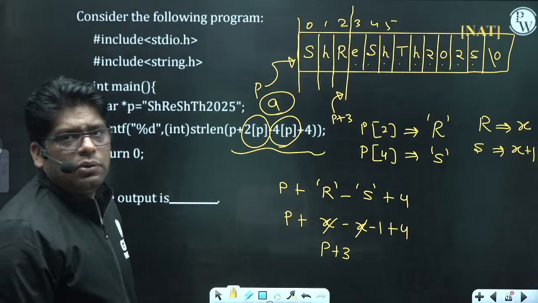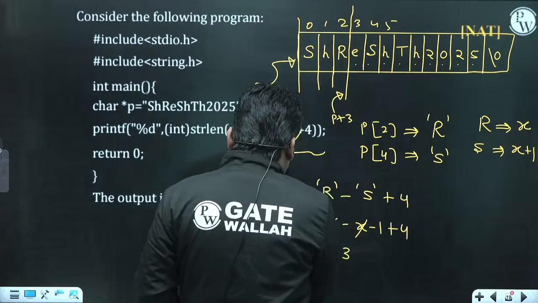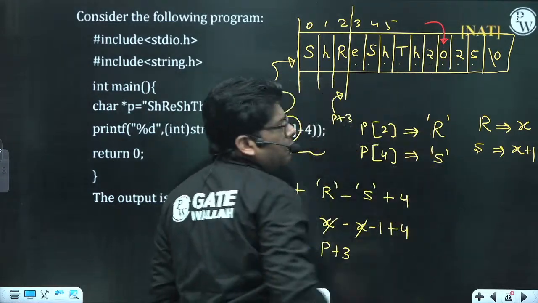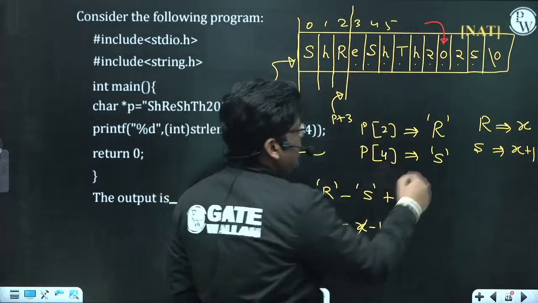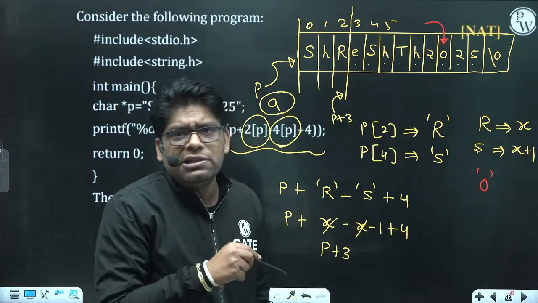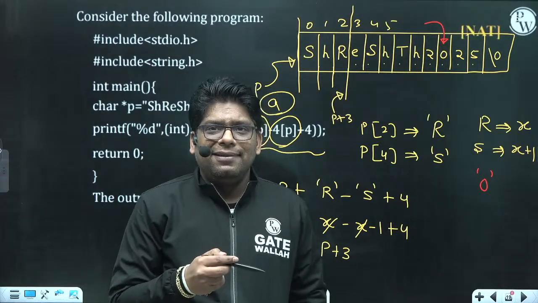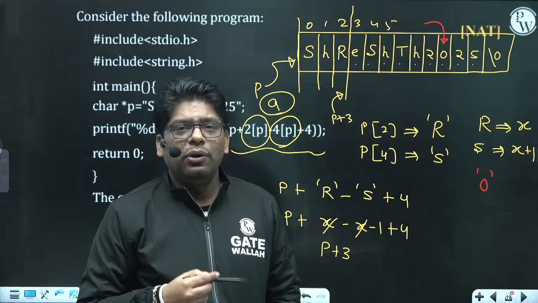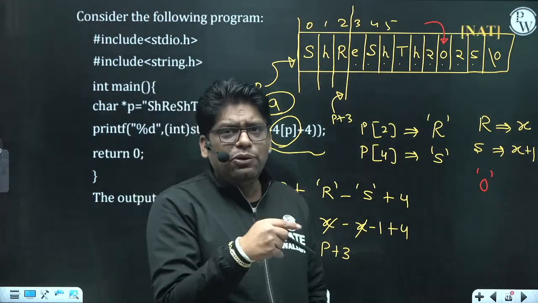Those who are saying 7 are thinking that this 0 is the null character. No, because this 0 is actually the character 0, the symbol 0. This is not the integer value 0. If you try to find the ASCII code value, it is 48.